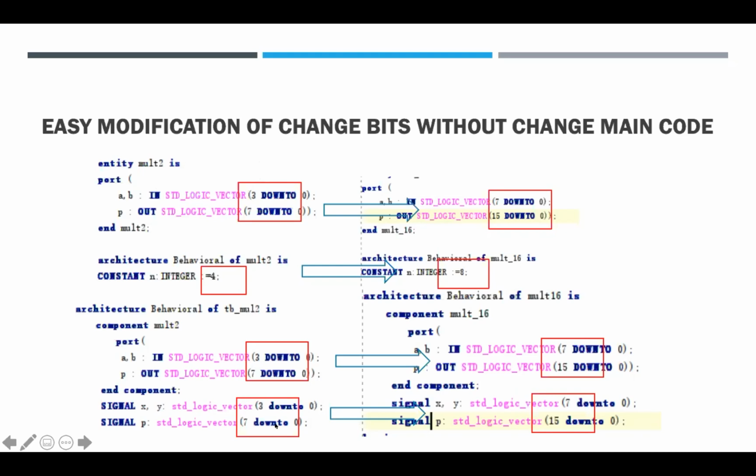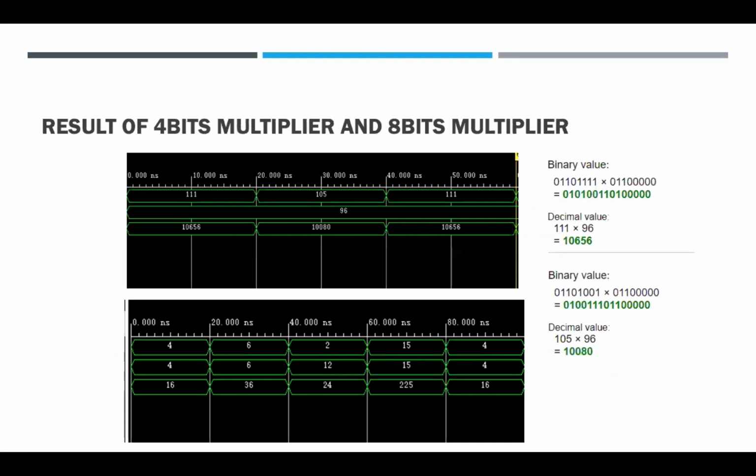Just adjust these vectors, these numbers, and I can change the multiplier from 4-bit into 8-bit, and it turns out it truly works.